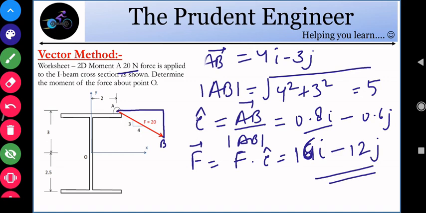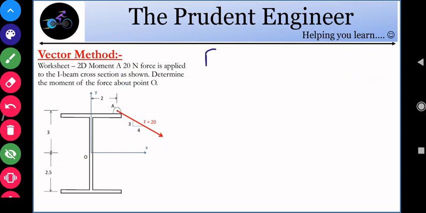This is the force vector in the i, j representation. So the force is 16i minus 12j.